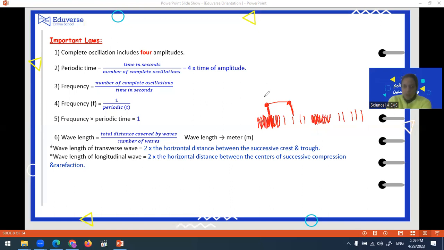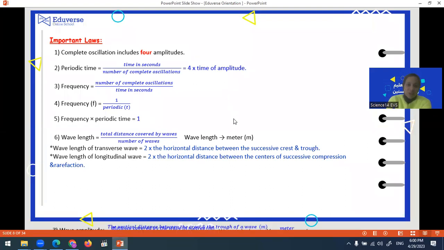No, it's not. The wavelength is between the center of the compression to the center of the successive compression. So as we said before, here we have only half the distance. So if you have this distance, you multiply it by 2 to find this whole wavelength. I hope that everything is clear for you, ladies and gentlemen.